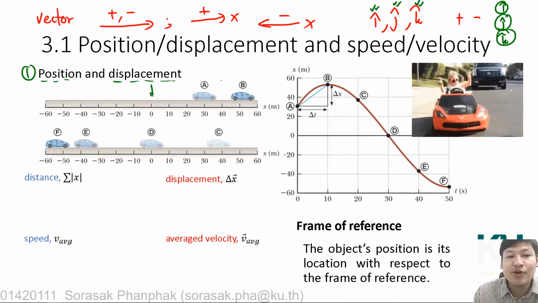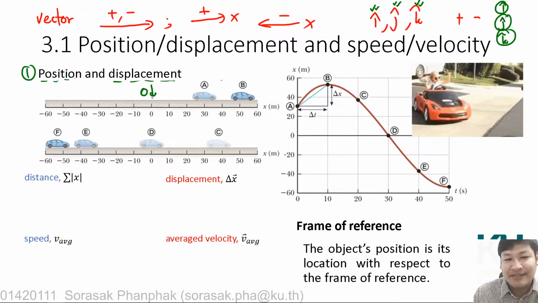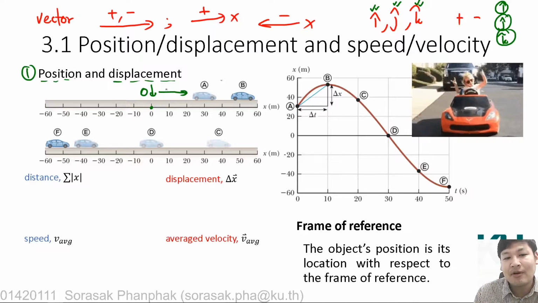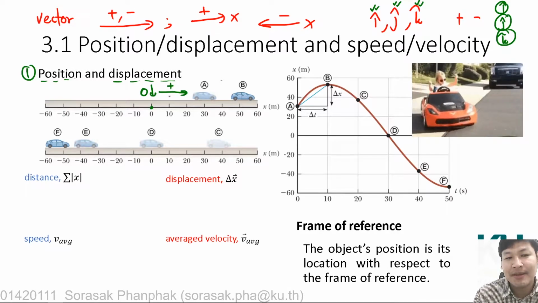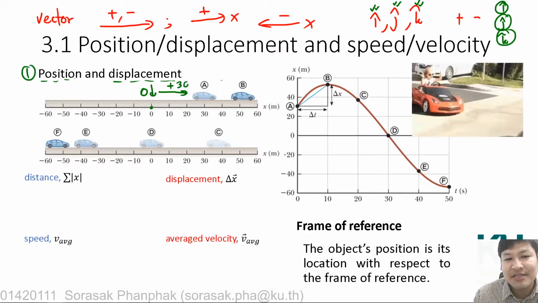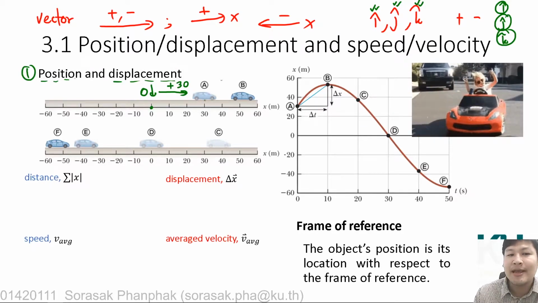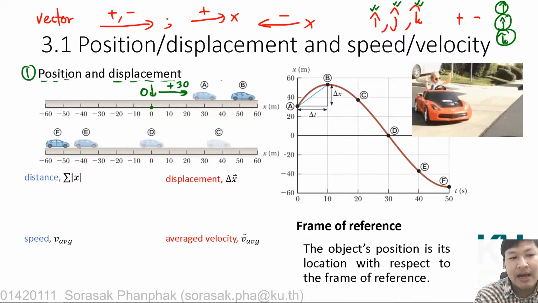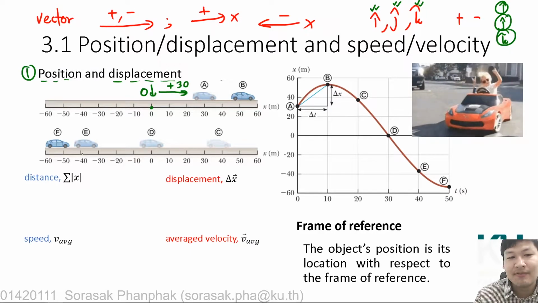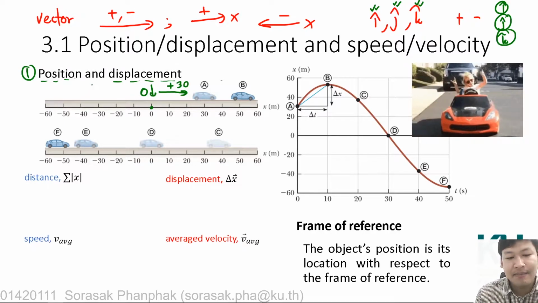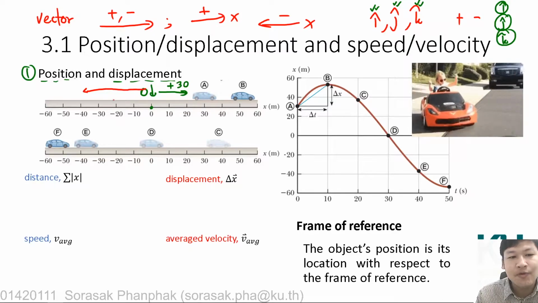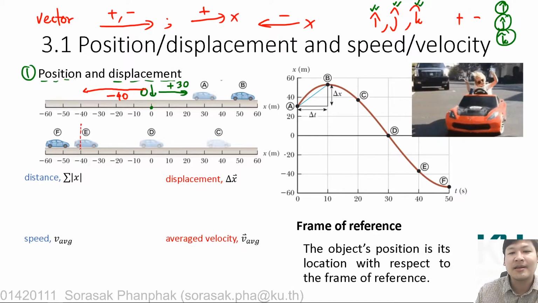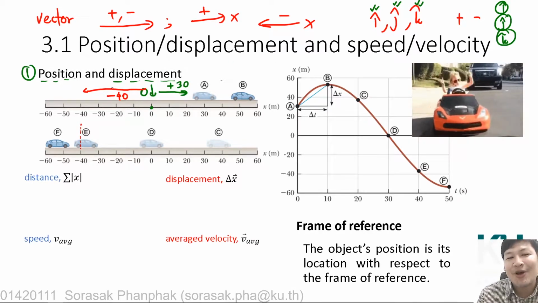If you have the initial point or the reference position, you call this position zero. If it goes further away from 0, you can say this is the displacement plus, for example, here is 30 meters from 0 to A. But if you're going to state the position or displacement of the car moving backward, for example, like this, from 0 you can see the car moving backward for minus 40, from A to E. And this is what is called the displacement.